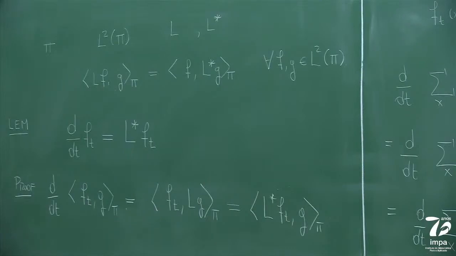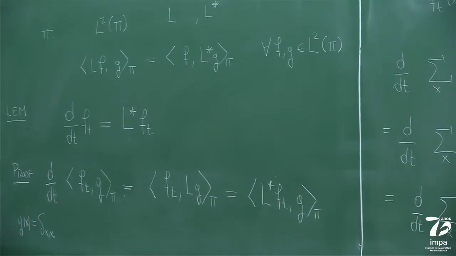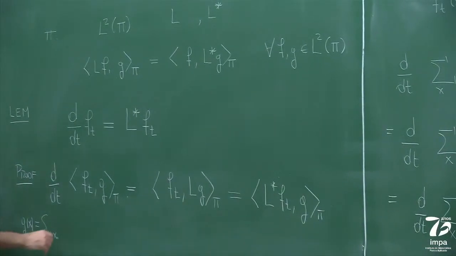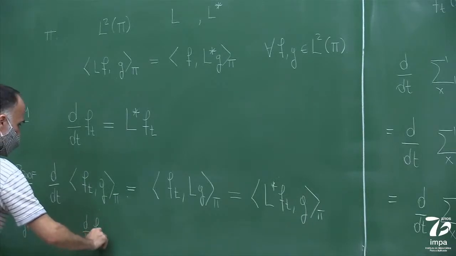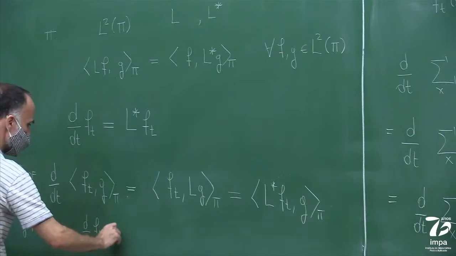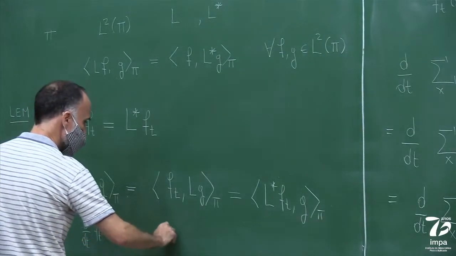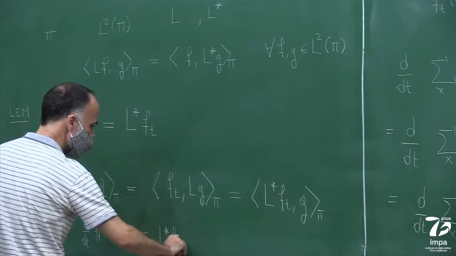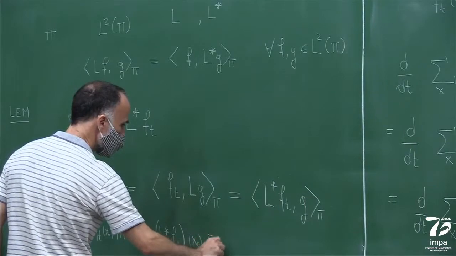We have this identity. So if I take g of x to be equal to 1 if x is equal to x0 and 0 otherwise, what we get from that is that d/dt of ft(x0) pi(x0) is equal to L star applied to ft and computed at x0, times pi(x0).